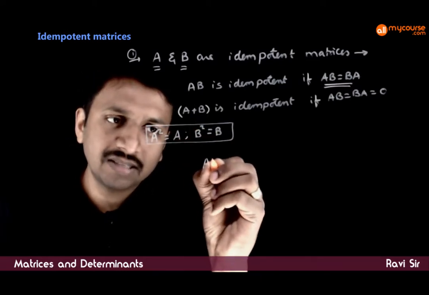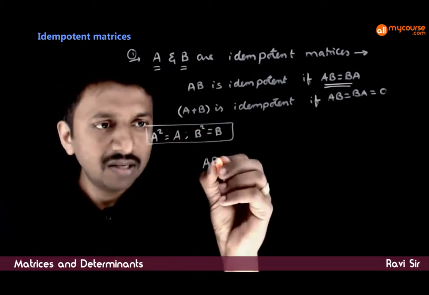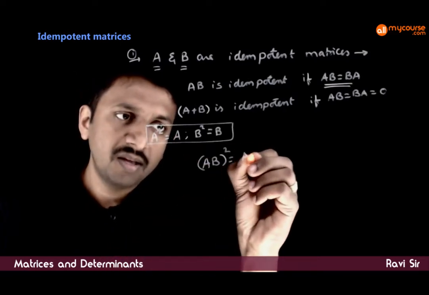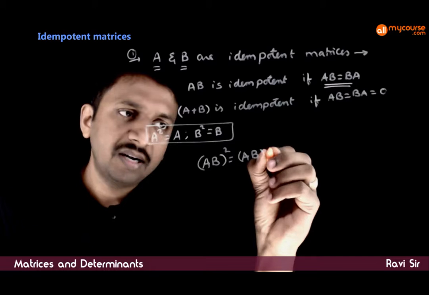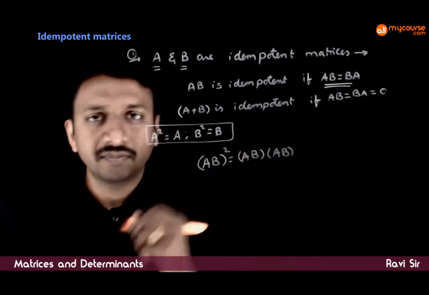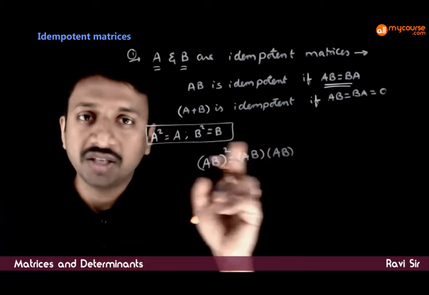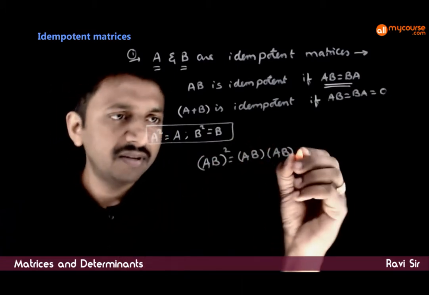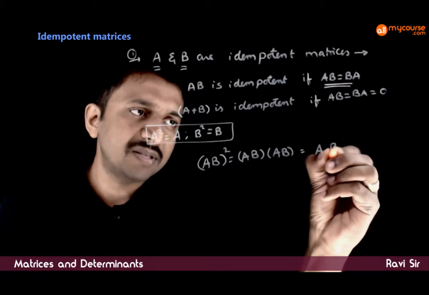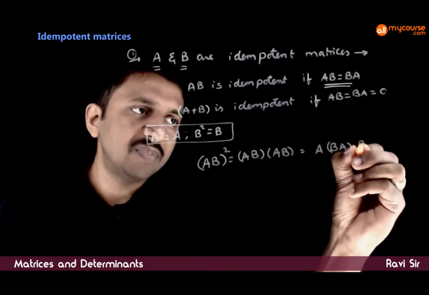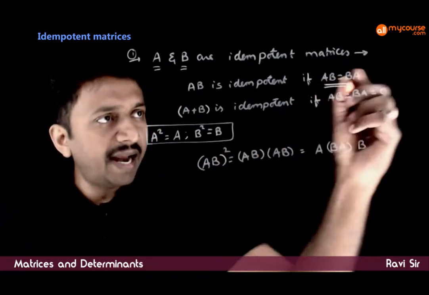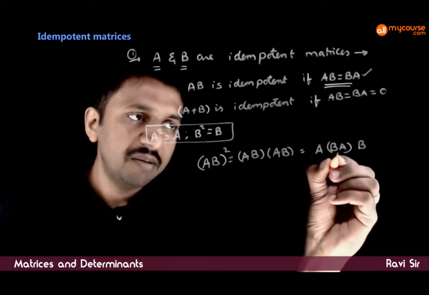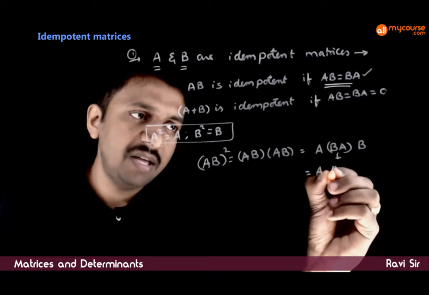Let us see whether this works or not. AB whole square is equal to AB times AB. As long as you don't change the order of the matrices, the brackets can be placed as you like. That is equal to A times BA times B. And if AB is equal to BA, BA can be written as AB.